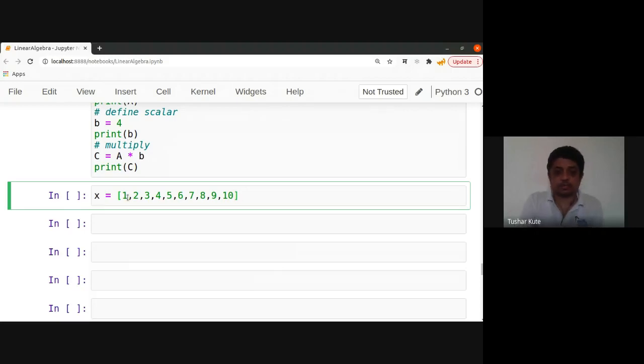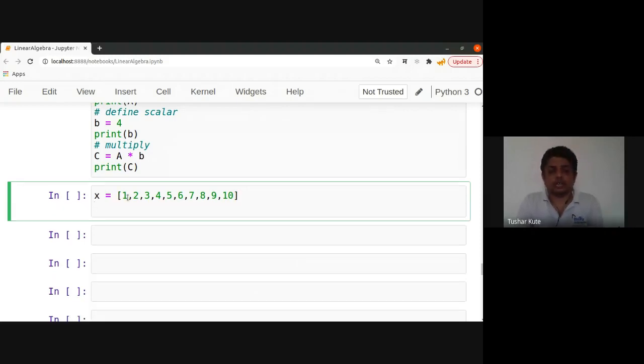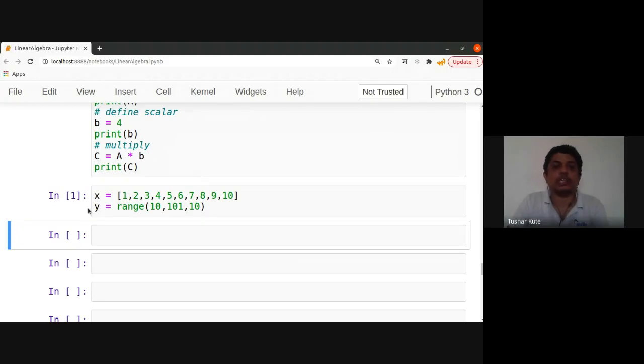And another set of numbers I'm having in the y variable. 1 to 10 numbers are given for x, and for y, let's keep 10 to 101, incrementing by 10, like this. So a range is created, and if I plot that, you can check there's a linear connectivity present between them.